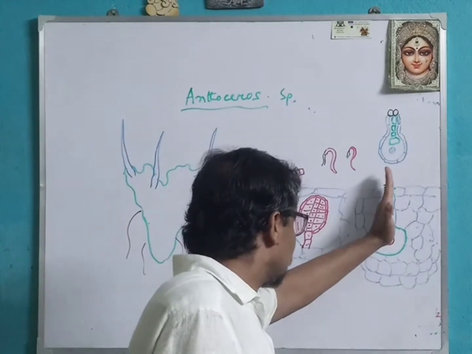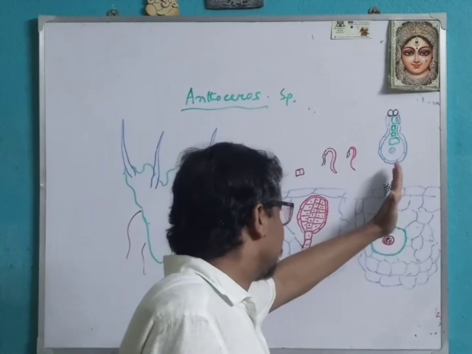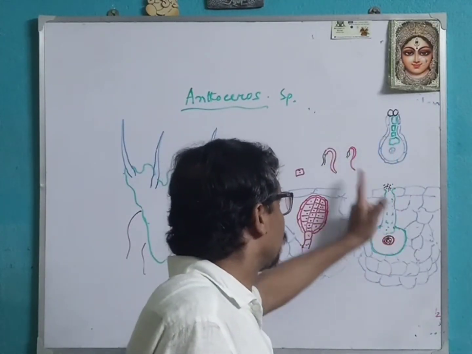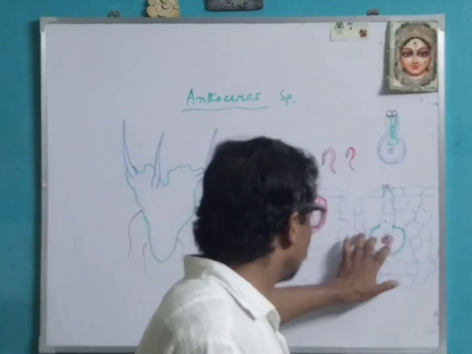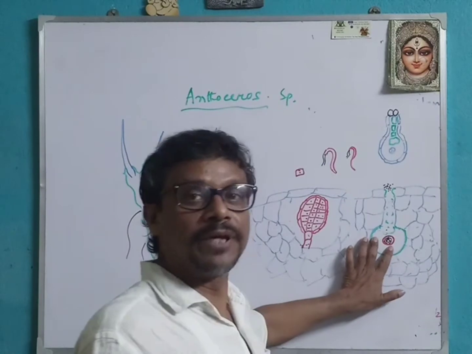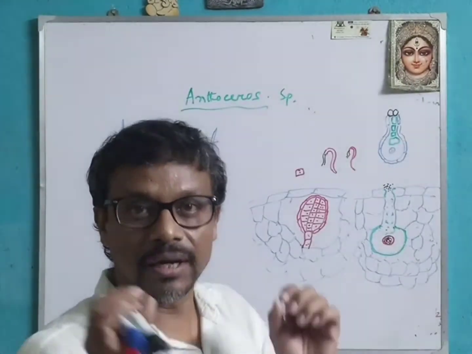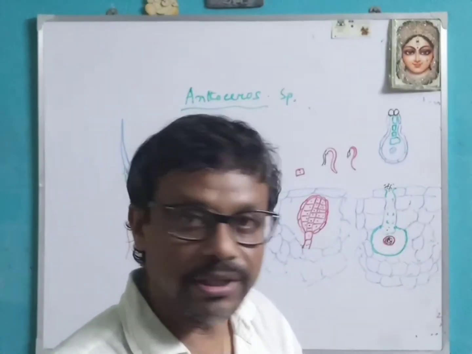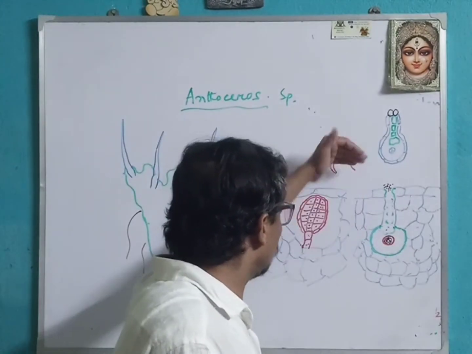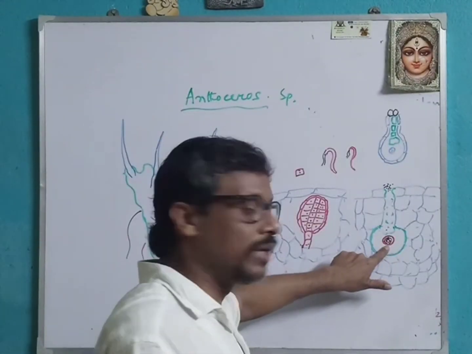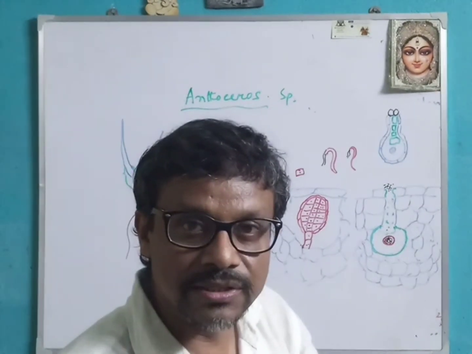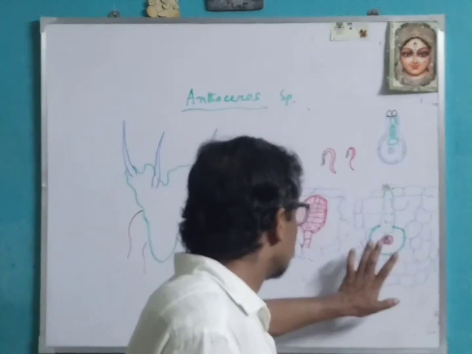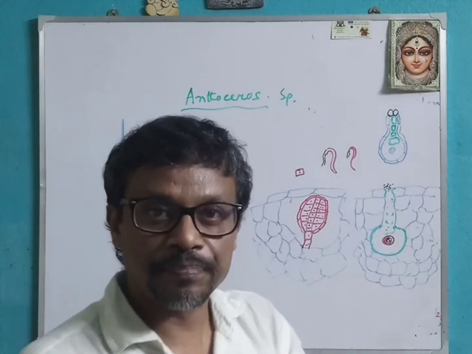So the neck canal cells, while fertilization takes place, get dissolved, making the pathway for entry of the antherozoids inside the venter, and the venter itself is bearing cytoplasm along with a haploid egg nucleus. As the antherozoid moves and approaches the egg nucleus, sir, it gets united with the egg nucleus, so fertilization is successful and the zygote is established.